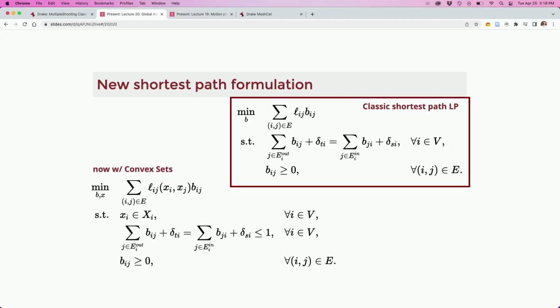And you can write almost the same optimization problem, but you're now gonna include these continuous variables x, right? These constraints are almost the same. We're gonna add a few more constraints to it in the next slide, but even if you just were to solve this to global optimality, you'd already be in good shape, okay? The constant edge length cost times the binaries has become the convex function edge length cost times the binaries. Otherwise, it's basically the same.